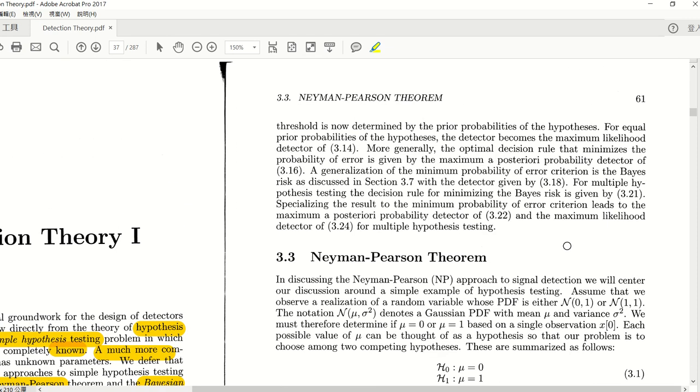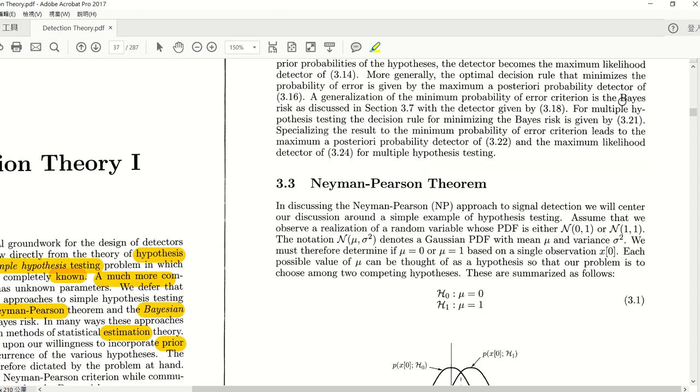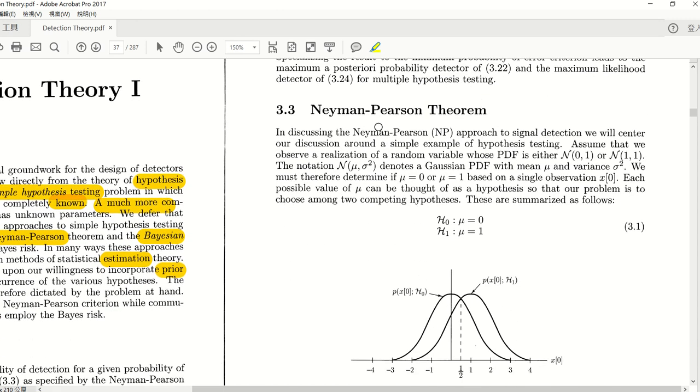All right, now here we come to page 61. The first thing is we talk about Neyman-Pearson.